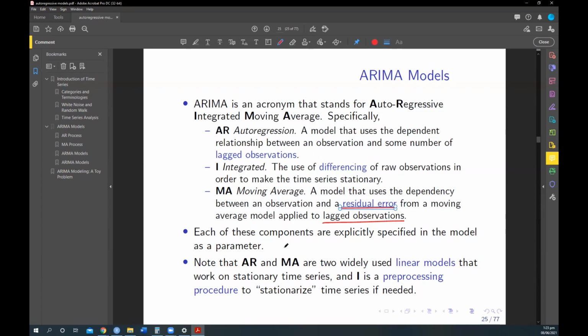When you specify an ARIMA model, usually you specify the AR, you specify the differencing, and you specify the moving average. So how do you specify that? We'll discuss that later. And note that AR and MA are two widely used linear models that work on stationary time series, and I is a pre-processing procedure to stationarize.